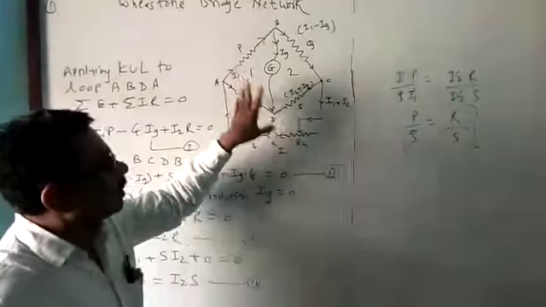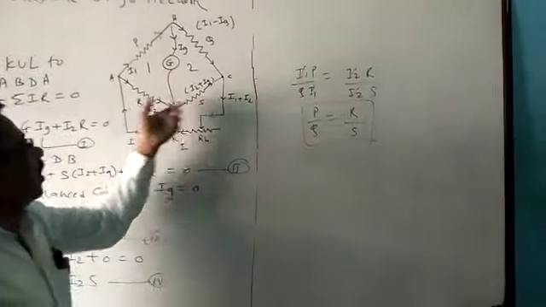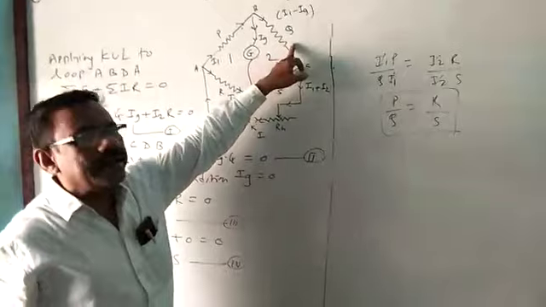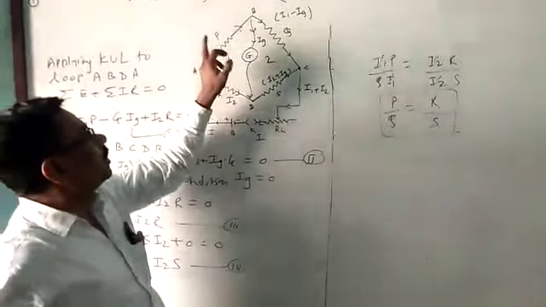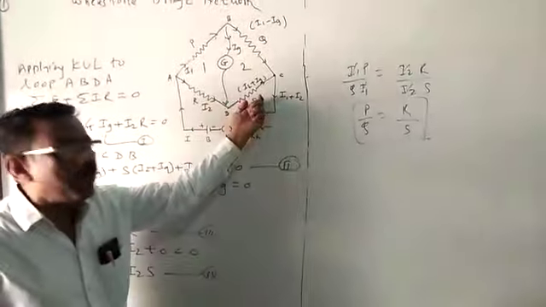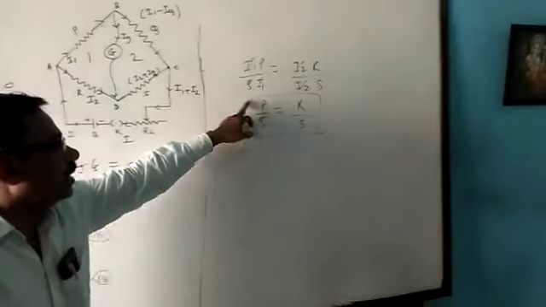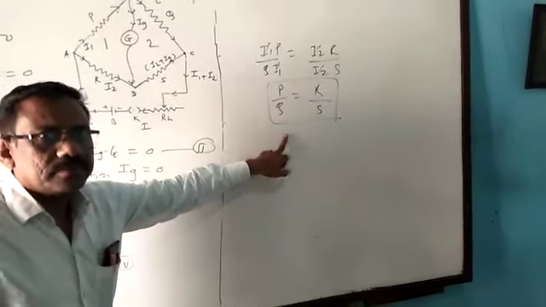What is the aim? To find any unknown resistance. If we know the three resistances P, Q, R, we can easily find S, and therefore this is the balancing condition for the Wheatstone bridge network.